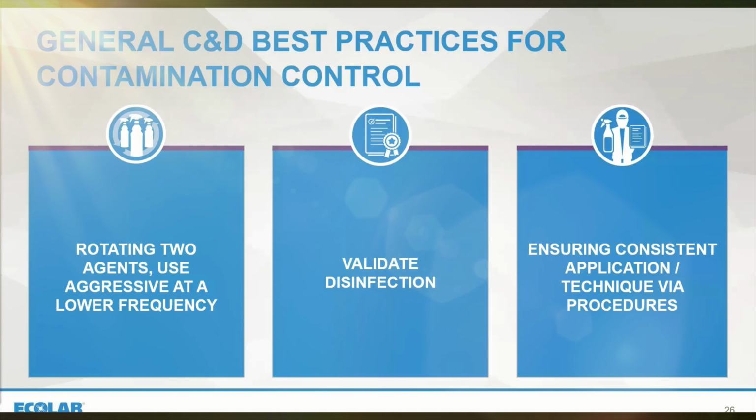But as I talked about before, with the different chemistries available, in that example around chlorine, those more aggressive chemistries that are typically your oxidative, sporicidal chemistries, it's about making sure you're using those at the appropriate frequency to mitigate those sporicidal risks. And if you've got good contamination control principles in place, you should be able to use those more aggressive chemistries at a lower frequency.